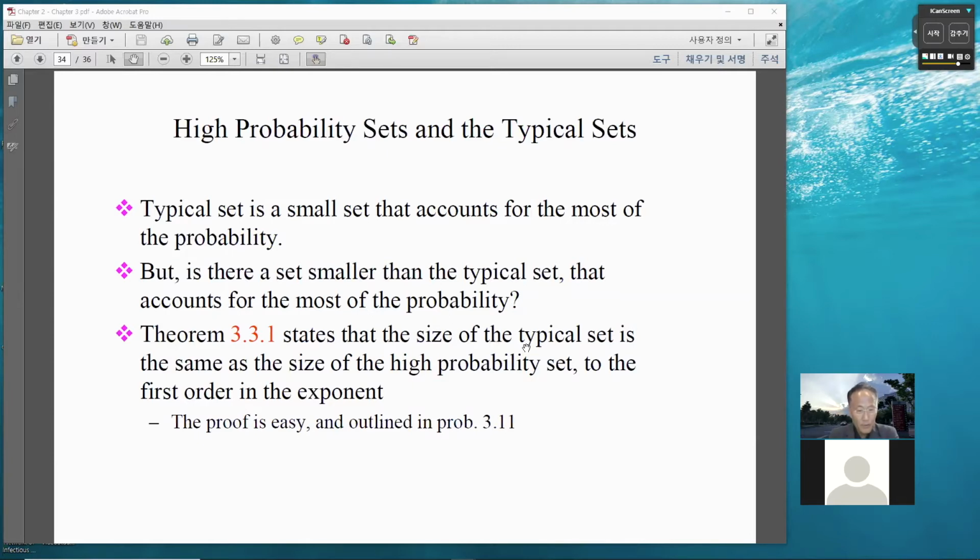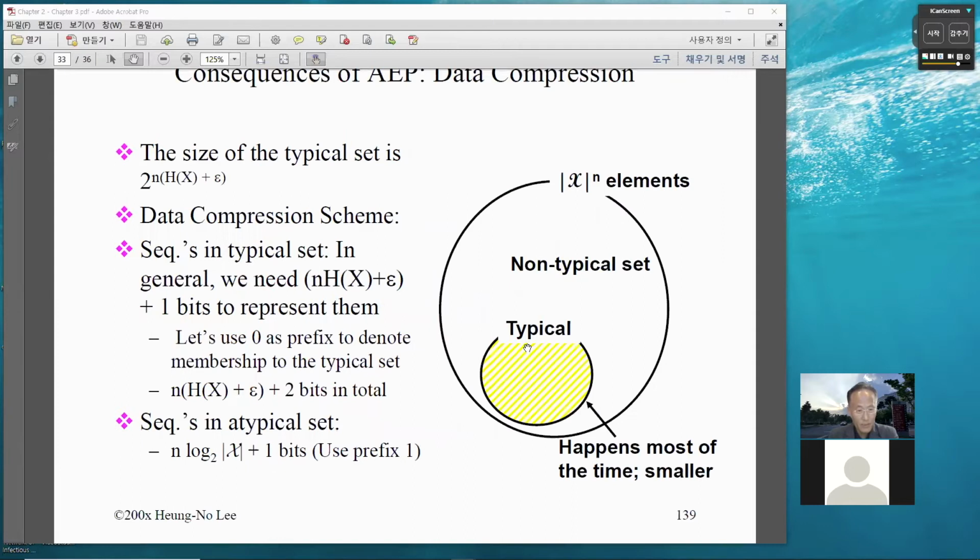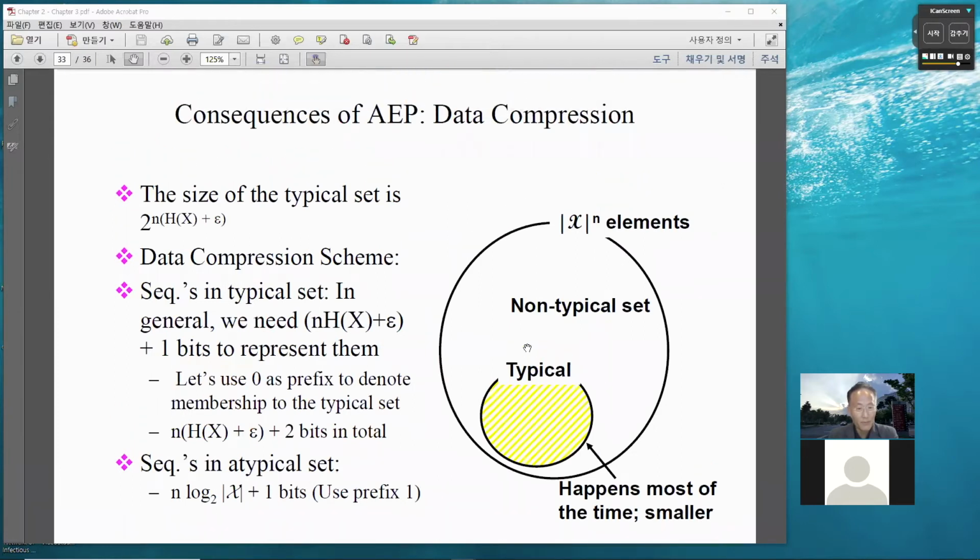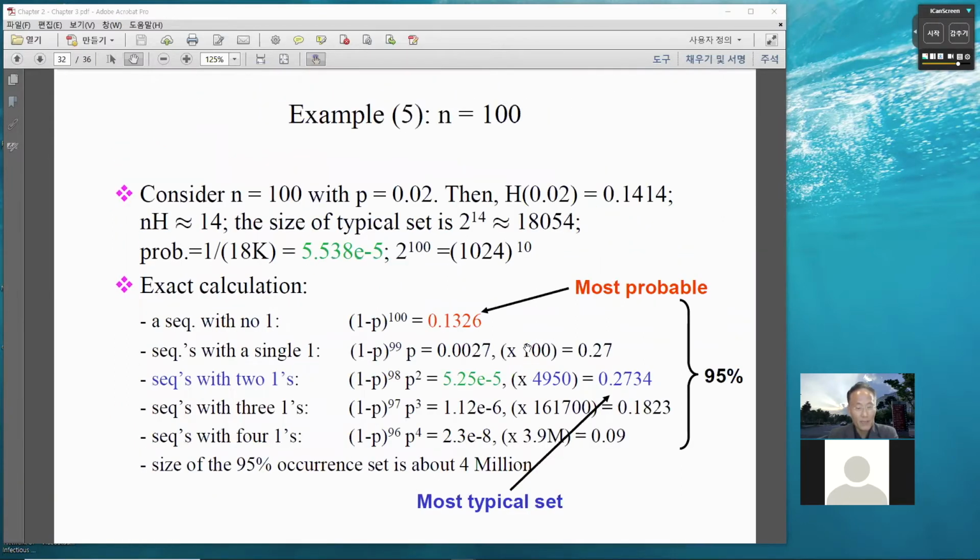This one is very easy to see with my example number 5 given right here. As you can see, the typical sequence pivots around 2 ones. So by controlling the epsilon, you can include this set and also this set.